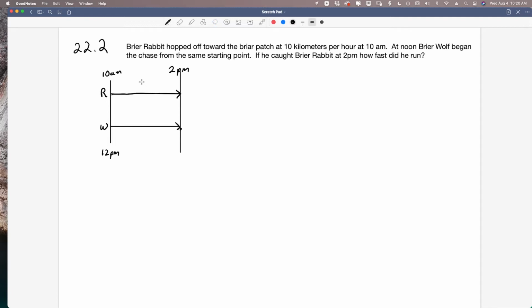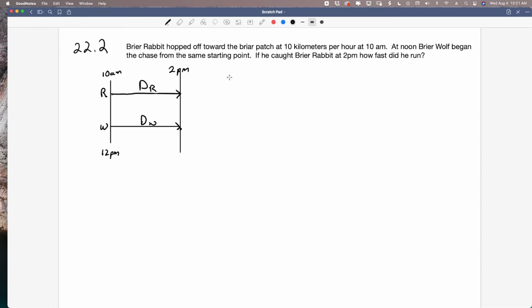Oops, I need my pen. This distance of the rabbit equals the distance of the wolf. It's the same distance, okay? But he started at 10 and he started at 12, so 2 hours later. And at 2, they were at the same place at the same time. Okay, so their distance was the same. That's what this illustrates. That's why I had to change that.